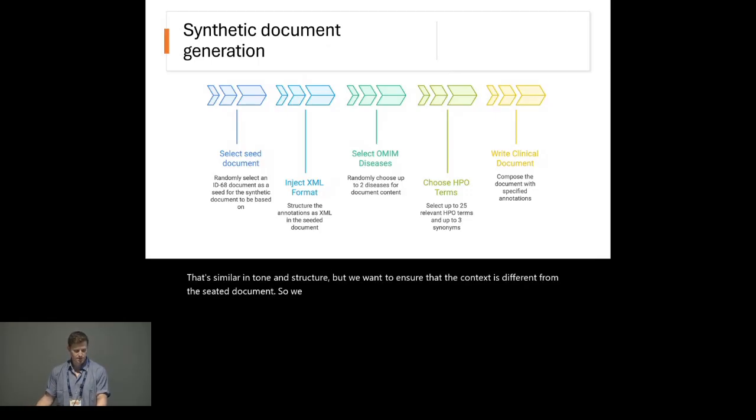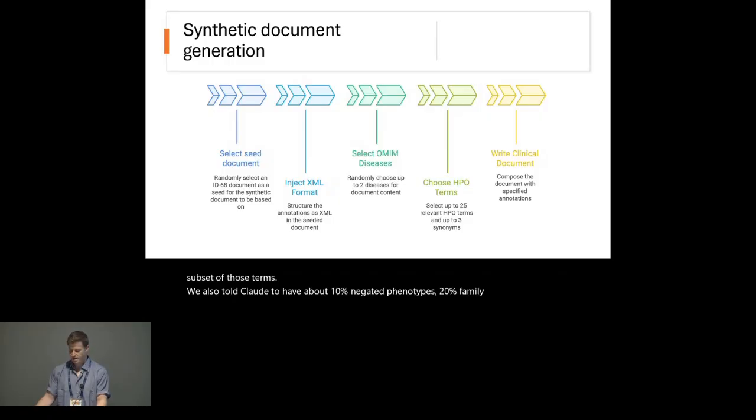We randomly sampled up to 2 OMIM diseases, up to 25 related phenotypes, and up to 3 synonyms for each phenotype, and told the LLM to include only a subset of those terms. We also told Claude to have about 10% negated phenotypes, 20% family-related, and 10% hypothetical.